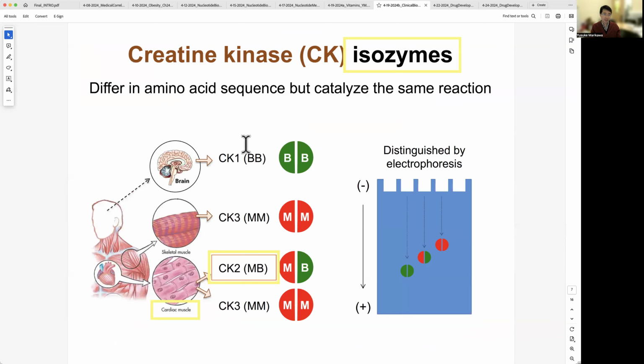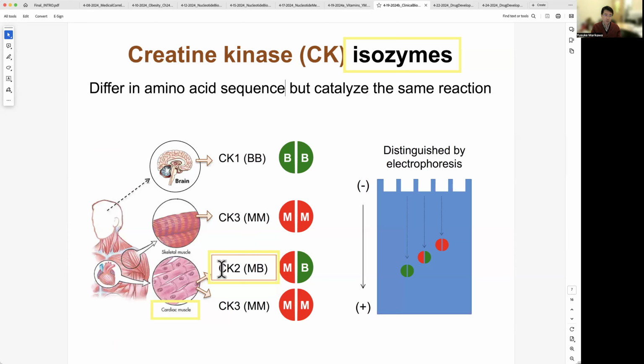There are different kinds of creatine kinase with the same enzymatic function, but they are different molecules in the sense that the amino acid sequence is different. They are responsible for the same enzyme reaction, which is why they're isozymes: CK1, 2, 3.